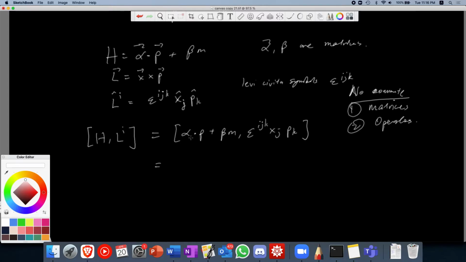We can pull them out as if they are constants, because on the left we have operator and matrix, and on the right we only have operator. So the matrix essentially acts as a constant.